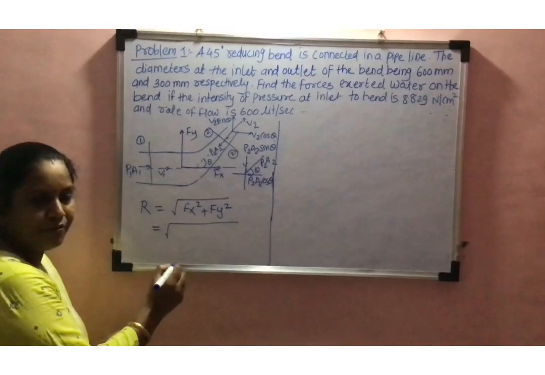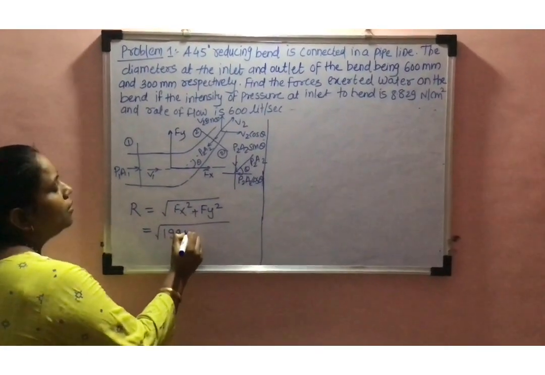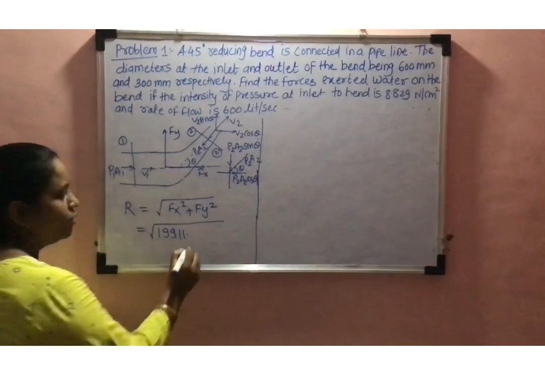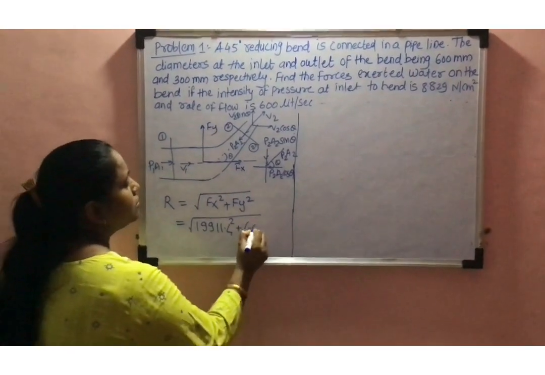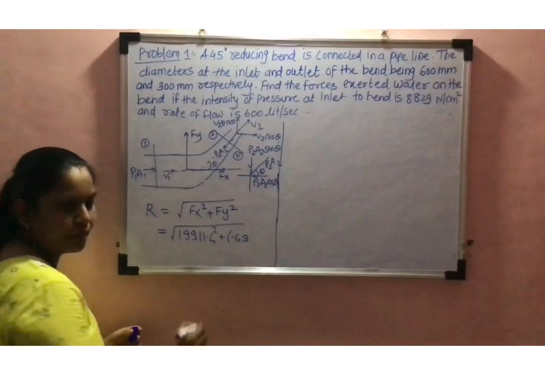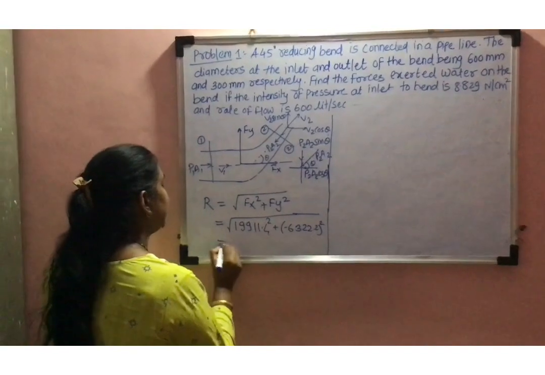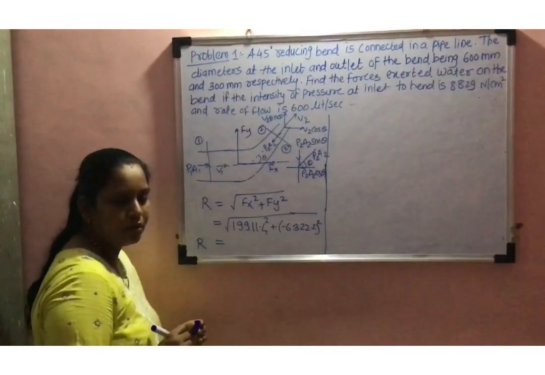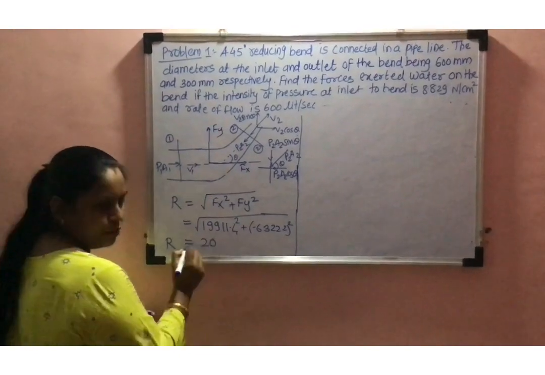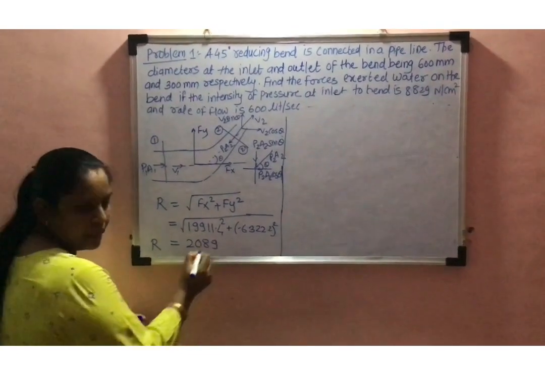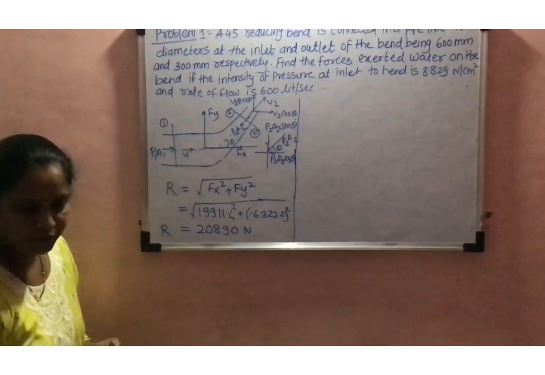The value of Fx is 19911.4, its square, plus 6322.2 square. After calculating, I got the value of the resultant as 20890 Newton. This is the resultant force.